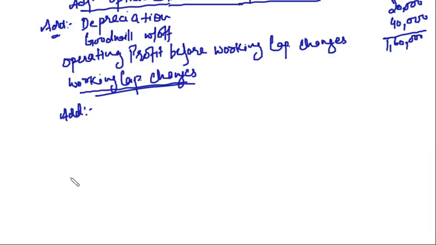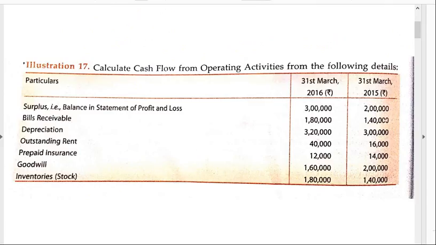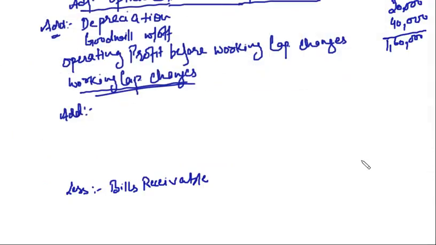Okay, so I'll leave some space here. I'll say bills receivable. Right? How much is the bills receivable? To the extent of 40,000. Clear?